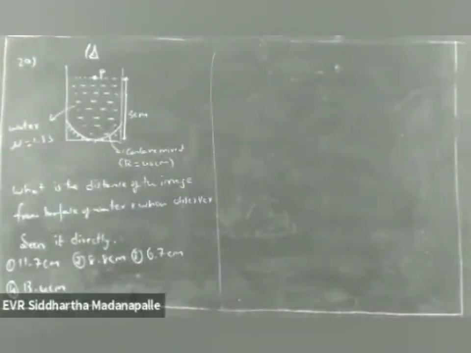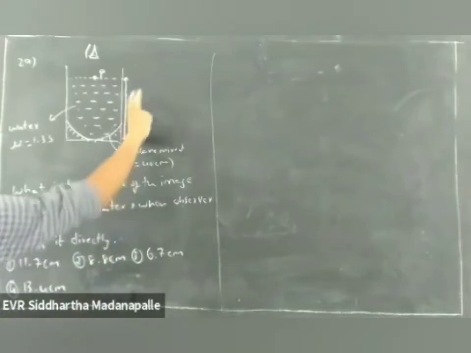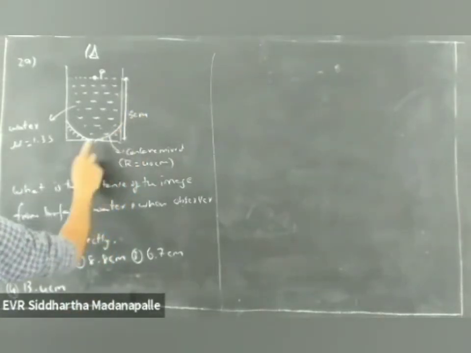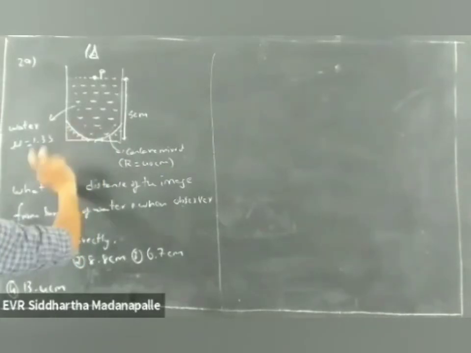Since the object lies in the water, what is the optical path of the object? What is the optical path of the object here? This is the distance of the object, which is nothing but 5 centimeter from the concave mirror.